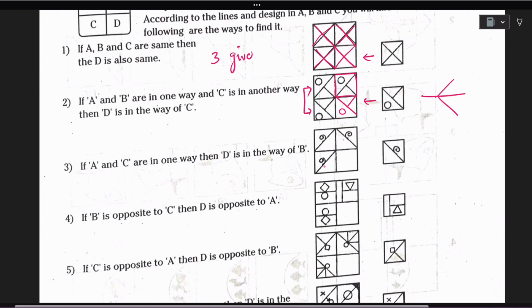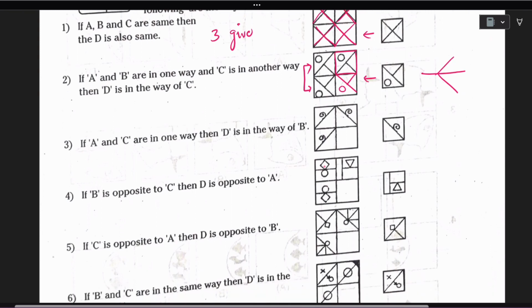Let's go to the third model. Here the left one is the mirror figure of the right one, right? See, here the circle is like this, and in the right one it is like this. These are what we call mirror figures, right?